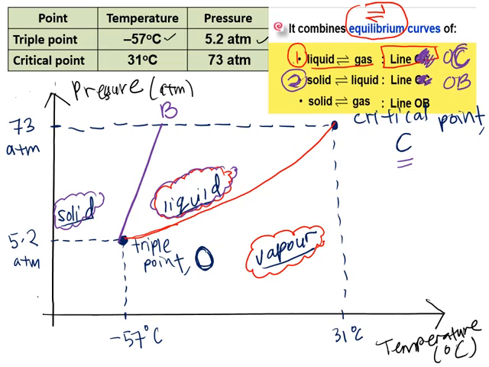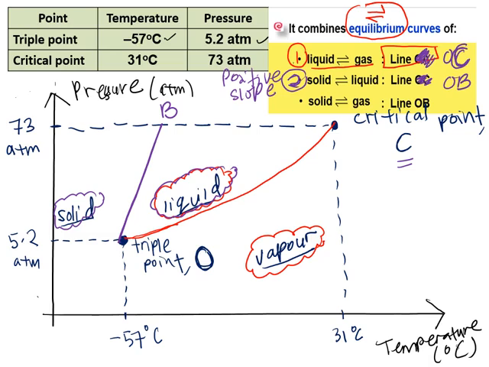For the line yang warna purple ni. Line warna purple ni adalah untuk second curve. Solid and liquid in equilibrium. So this curve from O to point B mesti positive slope. Kenapa mesti positive slope? Kerana CO2 adalah menunjukkan sifat positive slope substance. Mesti ambil pembaris dan pastikan dia buat gradient ke arah kanan graf.